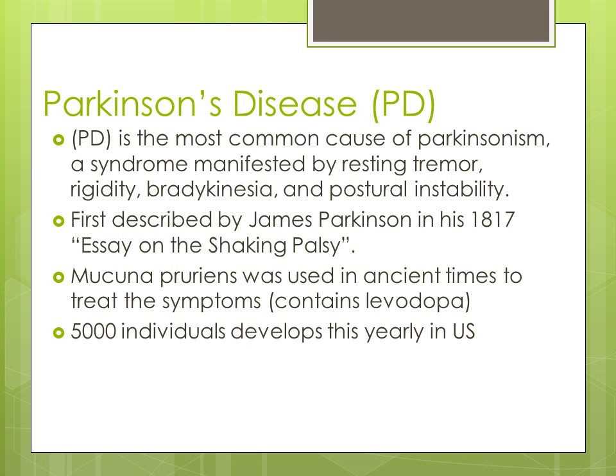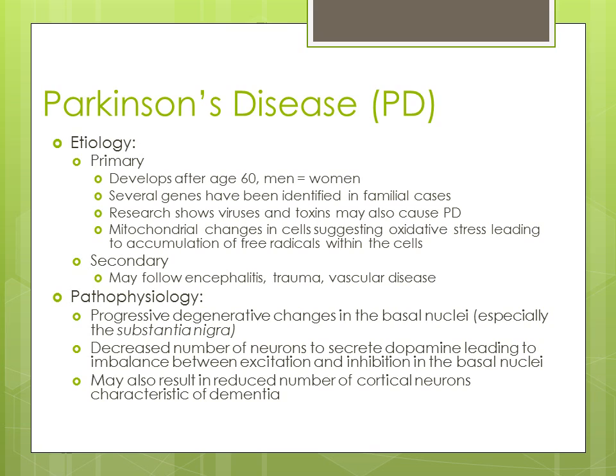About 5,000 individuals develop this yearly in the U.S., and it affects men equally to women, usually developing over age 60. There are some genes that have been identified in hereditary cases, and there's some research that shows that viruses and toxins may also cause Parkinson's disease.